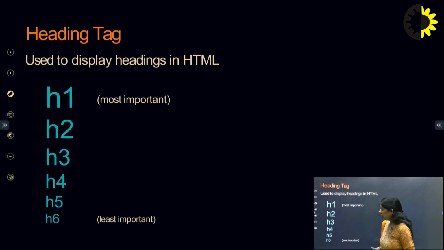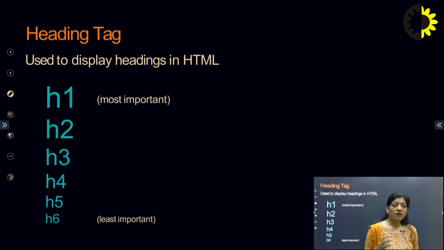Next is the heading tag. The heading tag is basically used to display headings in HTML. We have all 6 kinds of headings: H1, H2, H3, H4, H5 and H6. So if we want to write some main content in our web page, that time we use H1.